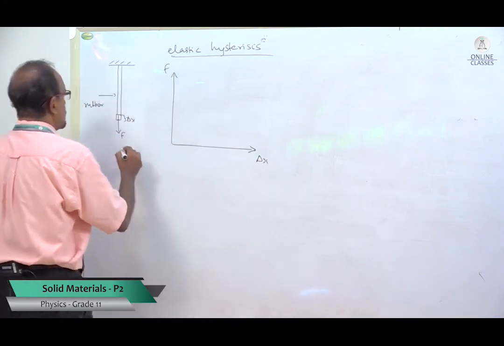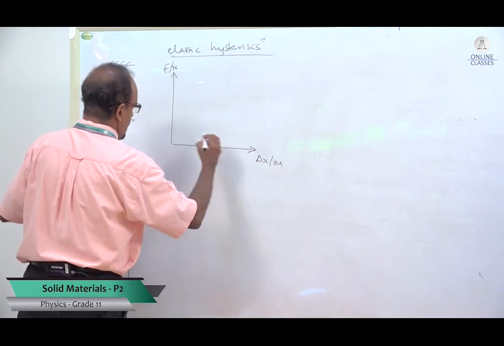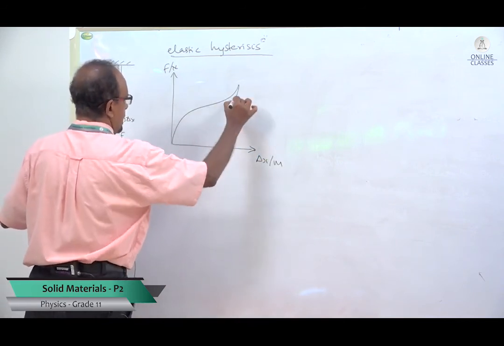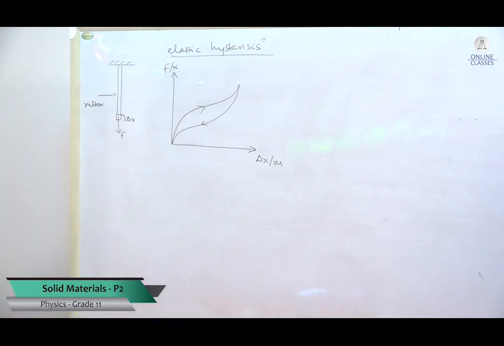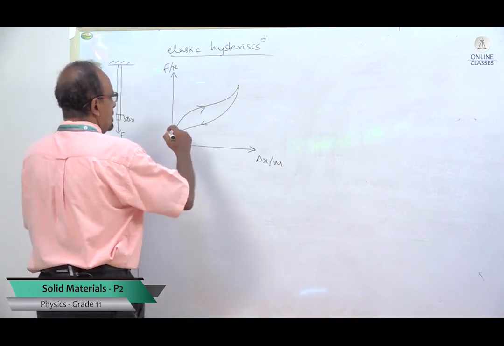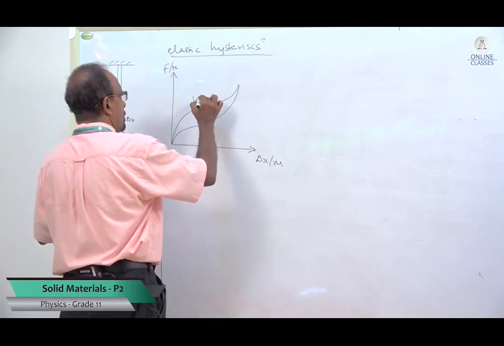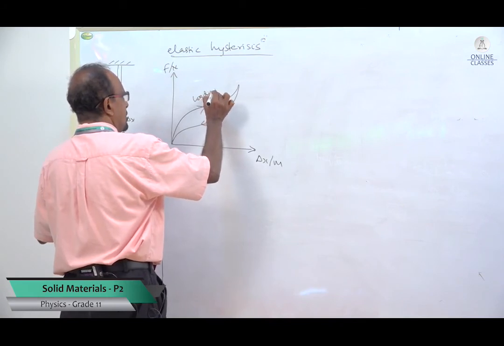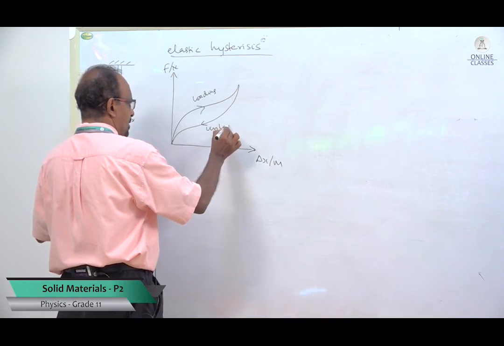When you draw force against extension, the shape of the graph will be like this. You can see this shape of the graph for rubber is totally different from other materials. They are not following the same path. This we call the loading graph, and the other part we call the unloading graph.